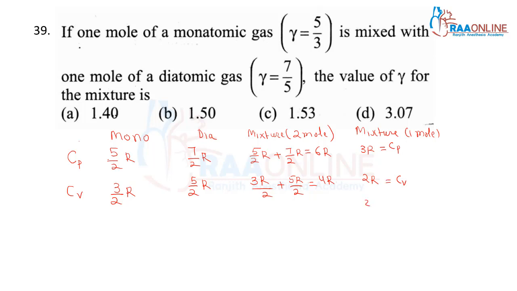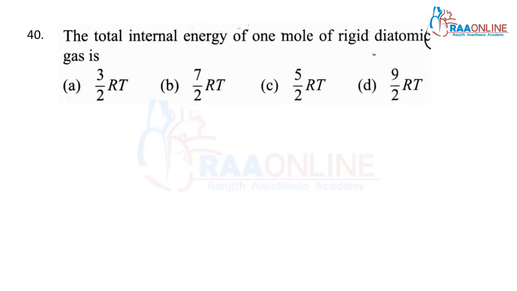So for the mixture, gamma should be Cp by Cv. It means 3R by 2R. So what are we getting? 3 by 2, which means 1.5. So we are going with option B. Next.